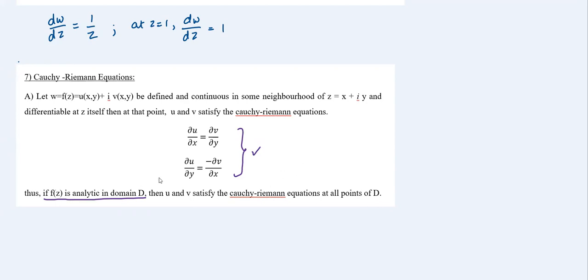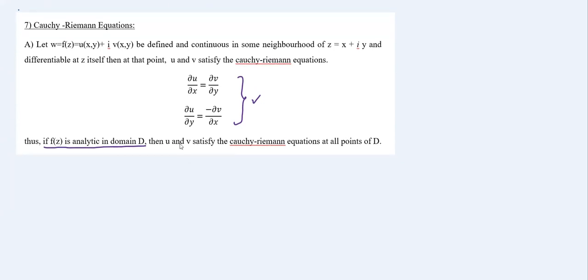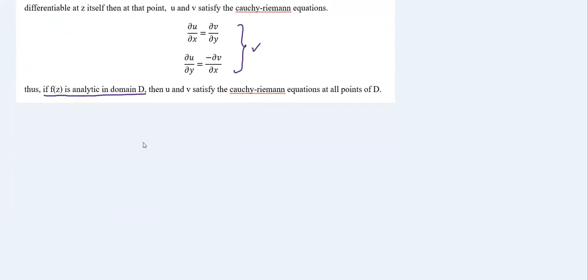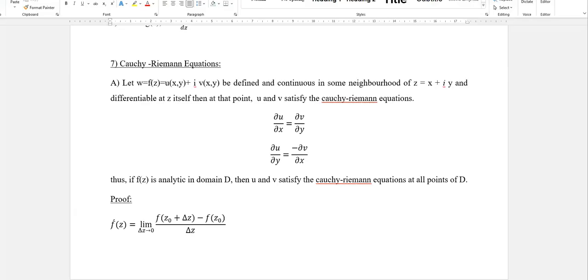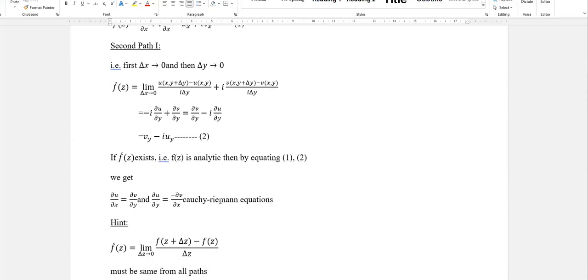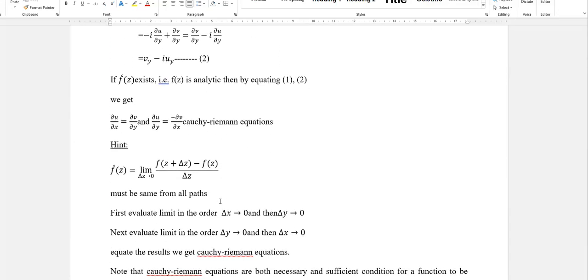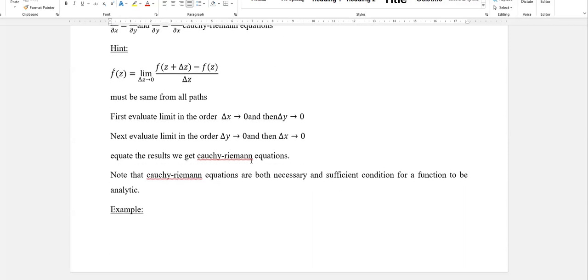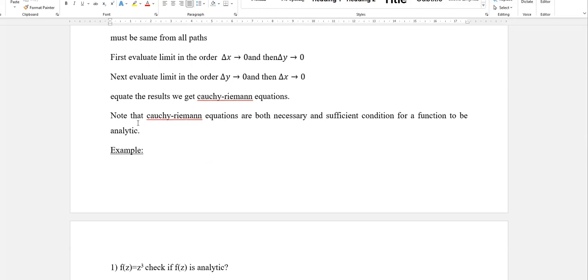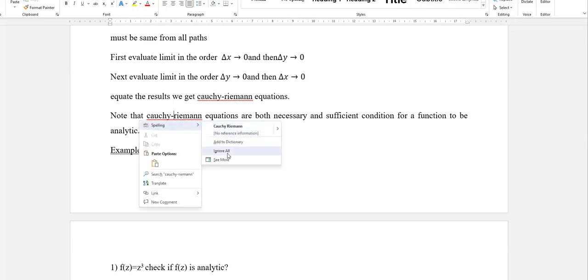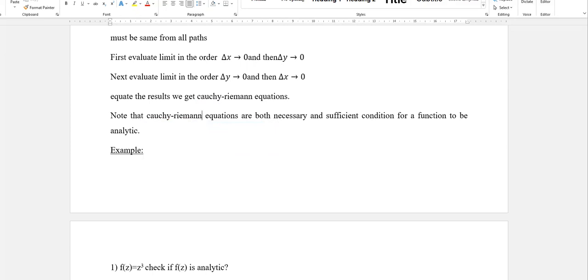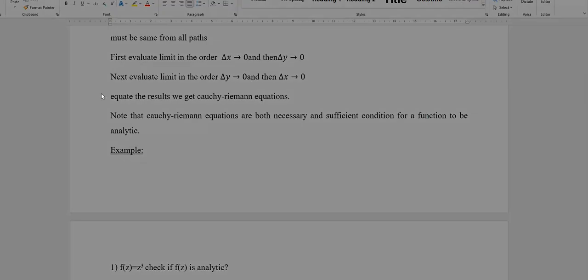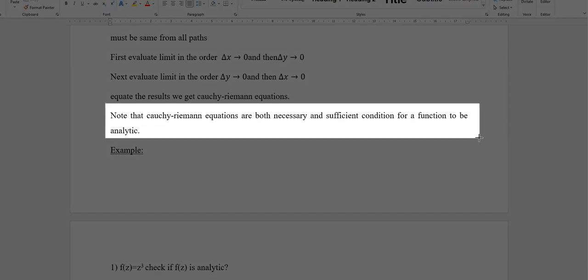The proof comes from the fact that for an analytic function you can approach through any path and the derivative will be the same. It is important to know that the Cauchy-Riemann equations are both necessary and sufficient conditions for a function to be analytic.